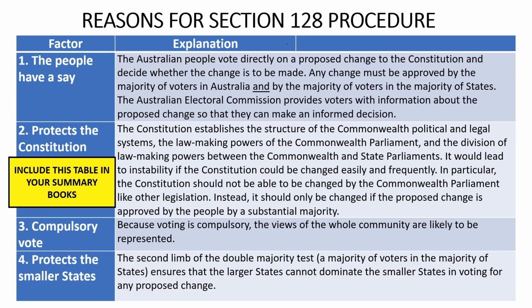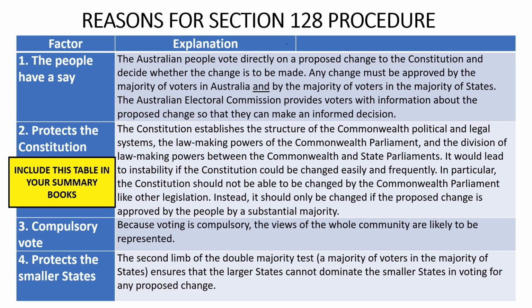And the fourth reason for the Section 128 procedure is to protect the smaller, that is the less populous, states. For the Constitution to be changed, that change must be supported by the majority of voters in the majority of states.